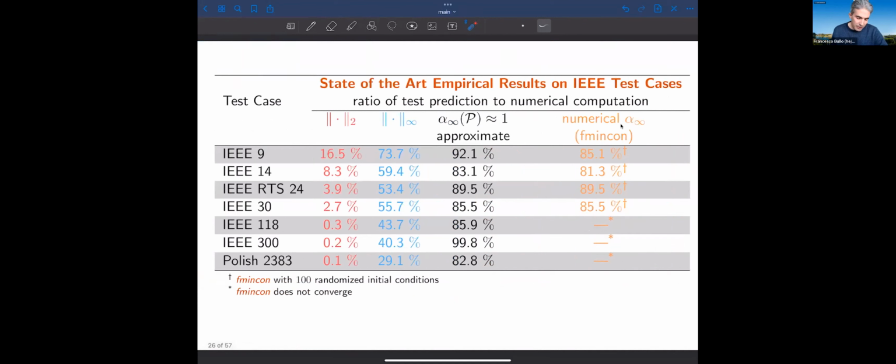All right, we talked about the importance of data. Another thing I want to talk about is the importance of benchmarks. When you try to understand synchronization, we want to understand this threshold. These are state-of-the-art results on various IEEE test cases. So these are power systems examples codified by IEEE.